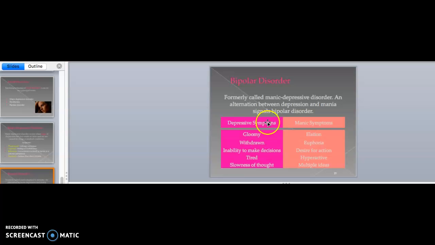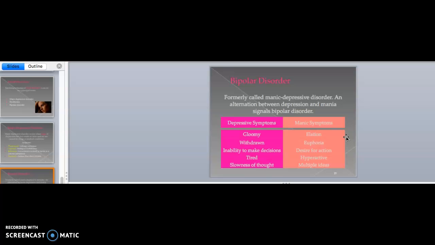Bipolar disorder has that phase, but it also has a phase where the person is oscillating between depression and mania, and the manic symptoms are the opposite. It's feelings of elation, euphoria even, being very active, getting a ton done, wanting to go here and do this and do that, constant activity, very hyperactive, multiple ideas, like a brainstorm of constant thought activity.